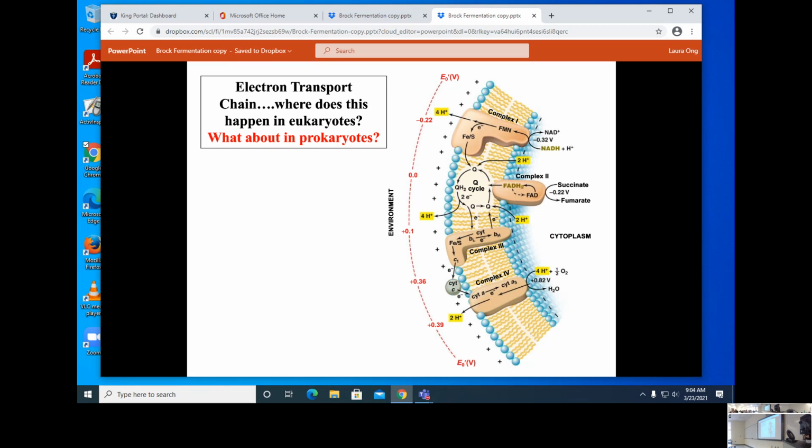NADH and FADH2 are going to be all reduced, and there's no NAD plus or FAD to pick up new electrons out of glycolysis.